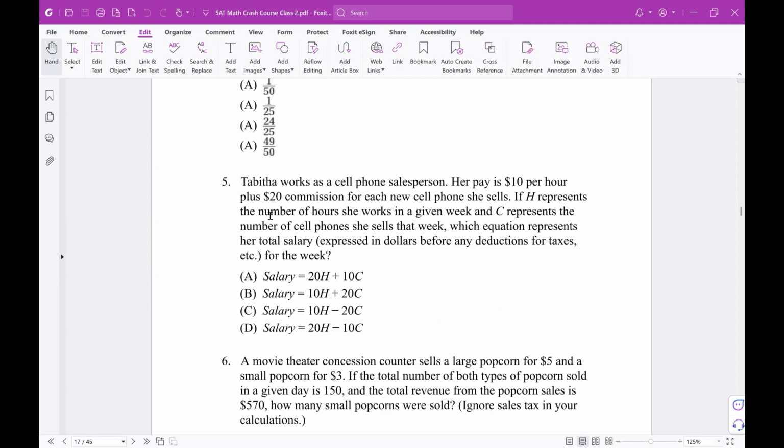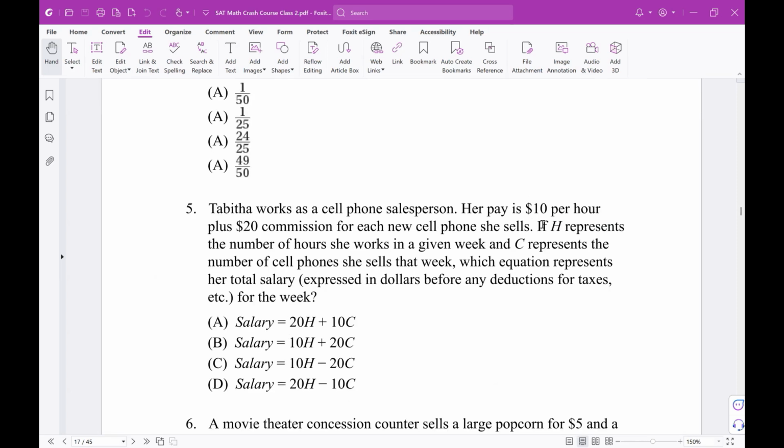If H represents the number of hours she works in a given week, please be careful, because here they are mentioning that H represents the total number of hours she worked in a given week, and they're also asking for the answer for a given week. So you don't need to convert from months or from days to weeks, etc. It's quite simple.